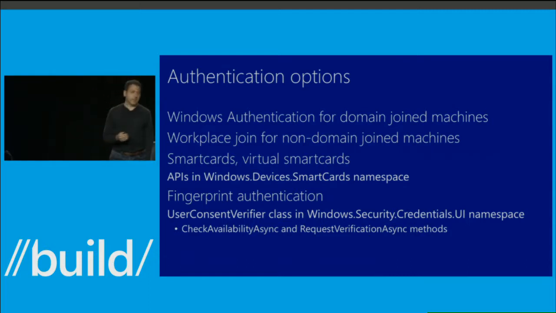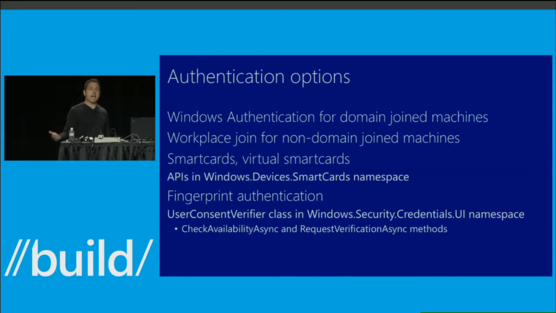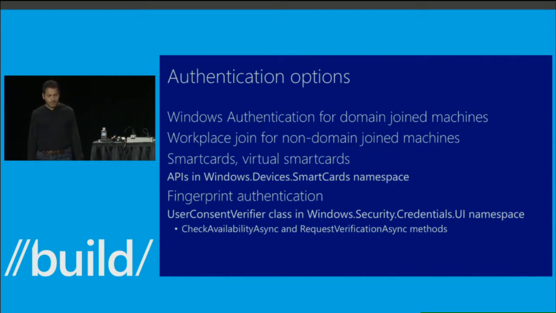Basically what you do is you provide your enterprise credentials and then you're given access to SharePoint sites and so on. It's almost like a lightweight join. But because you had to supply your Active Directory credentials, you can rely on the workplace join, and then the workplace-joined machine is authenticated and can talk to internal resources. You can use smart cards and virtual smart cards.